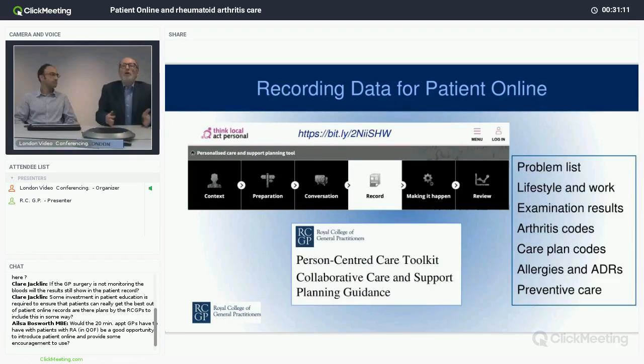So there's a lot more information about how to implement person-centered care in general, and the paper shown on this screen is linked through the person-centered care toolkit. The collaborative care and support planning guidance is also really helpful in this respect, both excellent resources in how to provide person-centered care, and Patient Online is working closely with the person-centered team at college on this area of our work.